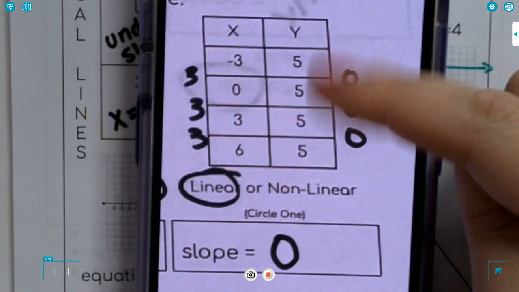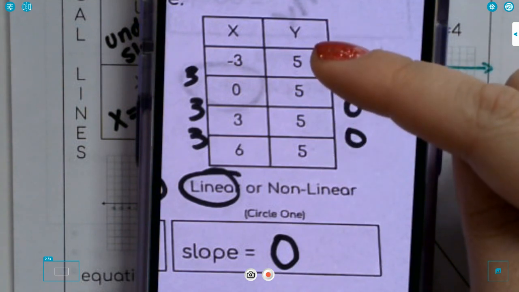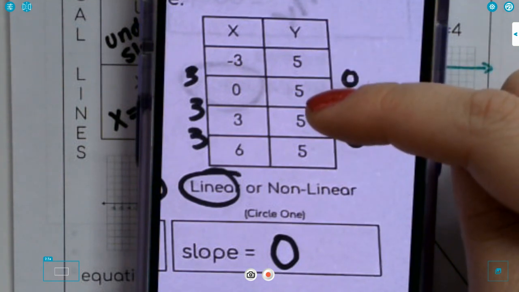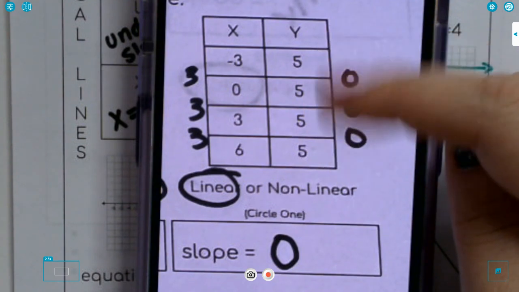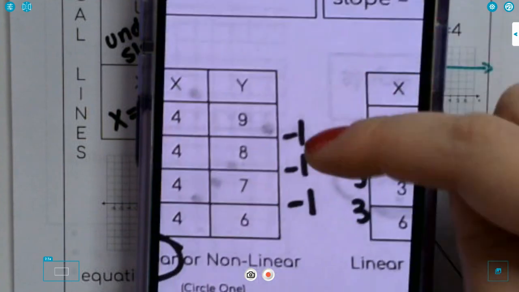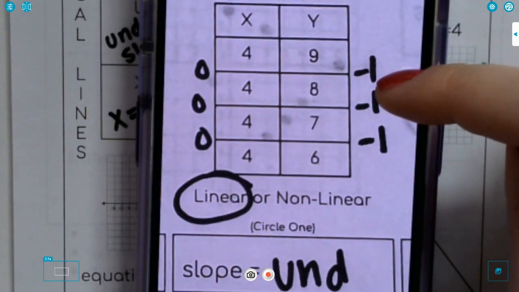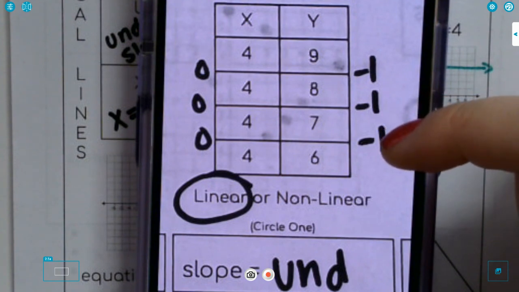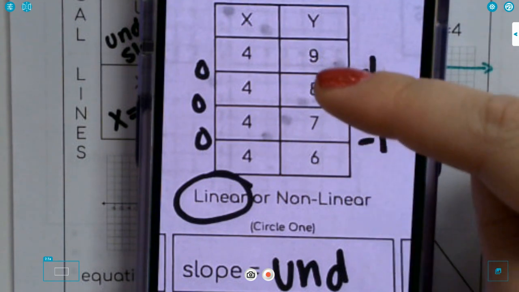If you guys notice, the y's all equal the same thing because it's just y equals 5. So this would be the line y equals 5. It would just be a horizontal line at 5. This one right here would be a horizontal line. Sorry, a vertical line. It's too early for this. This one right here would be a vertical line because it's x equals.